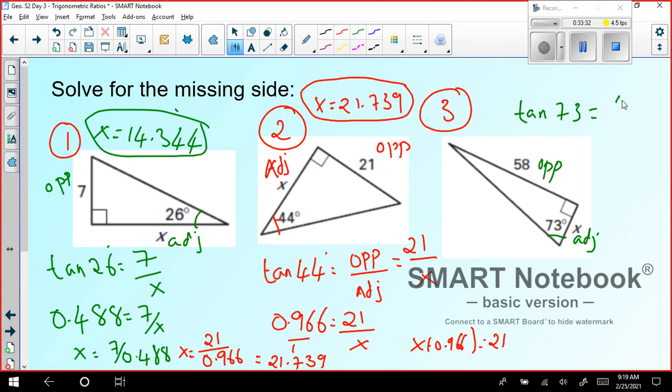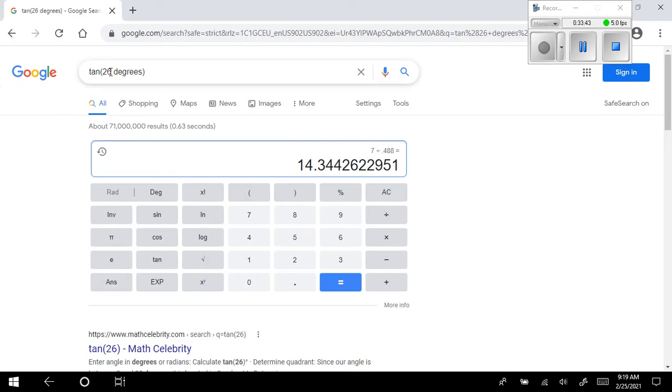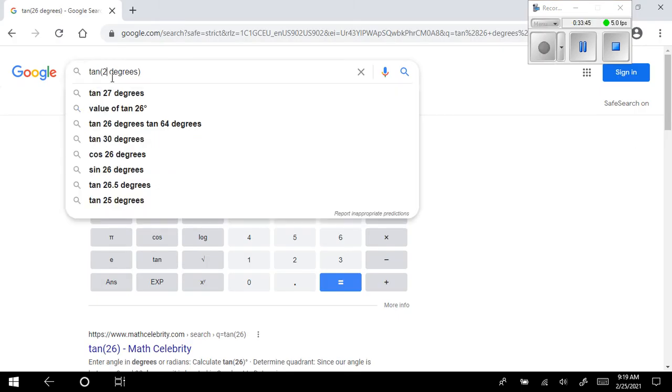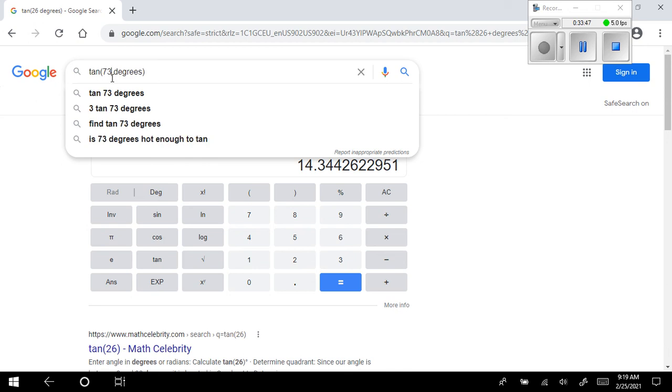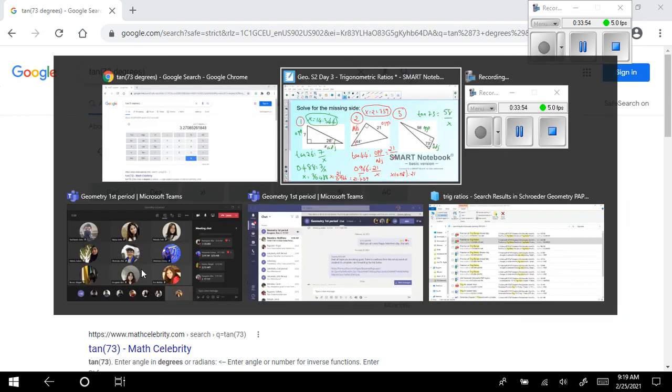I'm directly writing 58 over x. Let's use the calculator and find tan 73 real quick. Tan 73 degrees is nothing but 3.271.